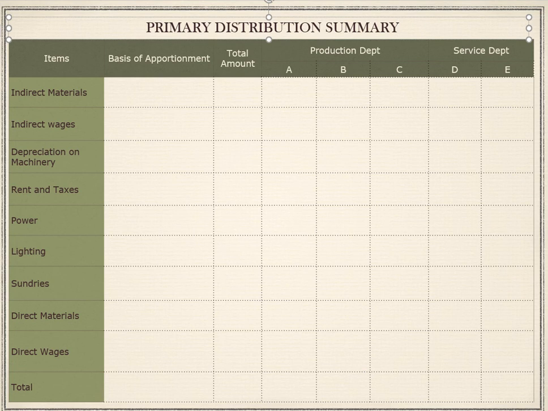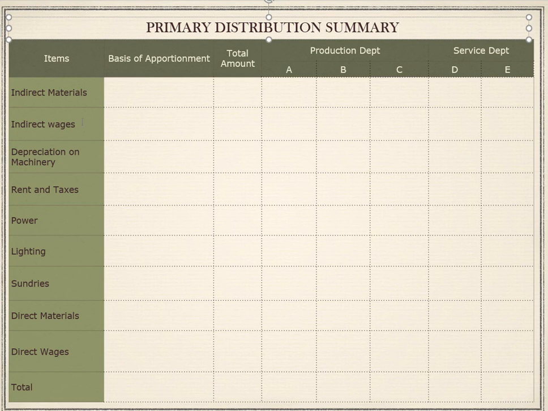Why I am giving this name? The reason behind this is just to make you people understand that the primary distribution summary is same as the statement showing apportionment of overheads, right? It is another name of a statement showing apportionment of overheads.